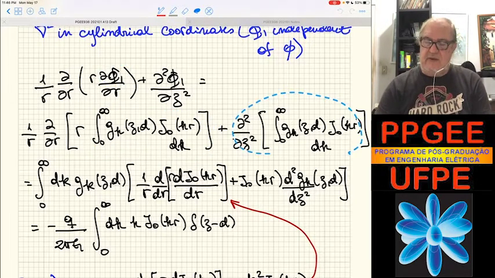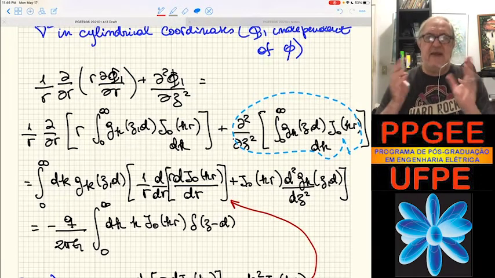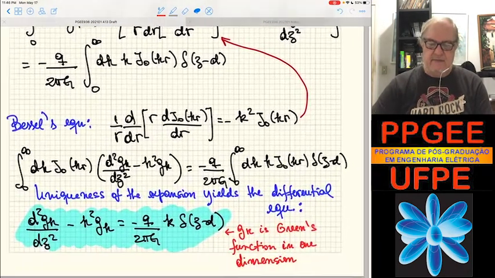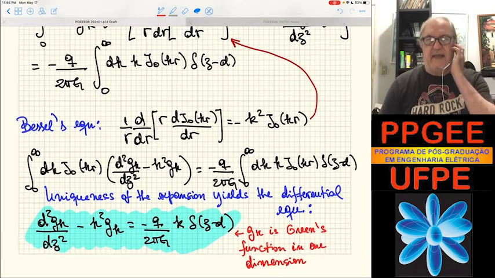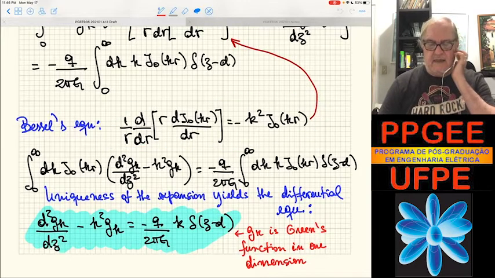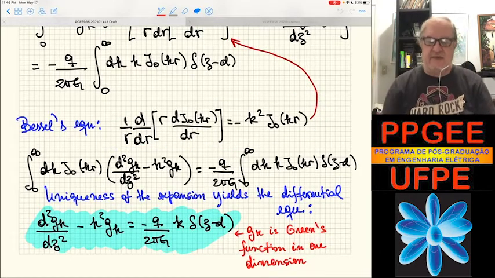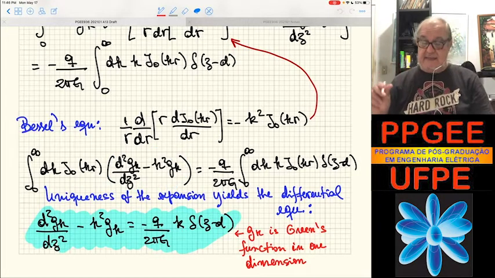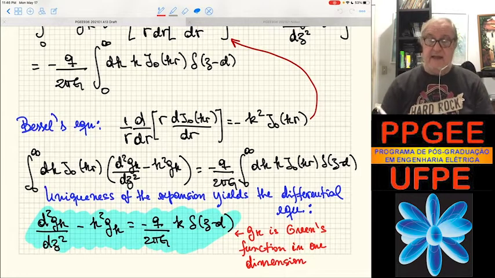And then you work on the details of that calculation, okay? So if you rearrange things, you are going to identify Bessel's differential equation. Okay? We can use that condition. We're going to have something like this taking place. So after we rearrange everything and use the condition on Bessel's differential equation, we have a differential equation involving the gk function.